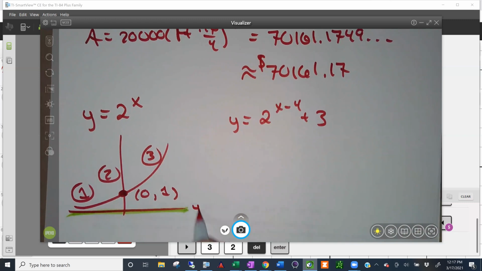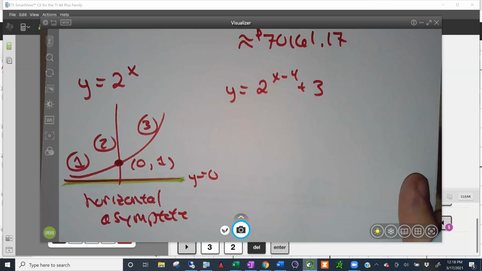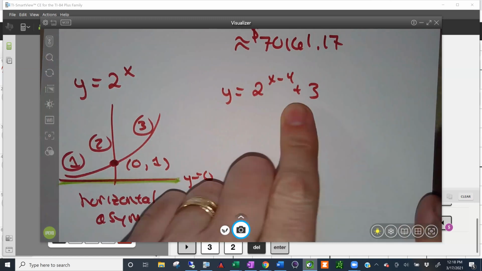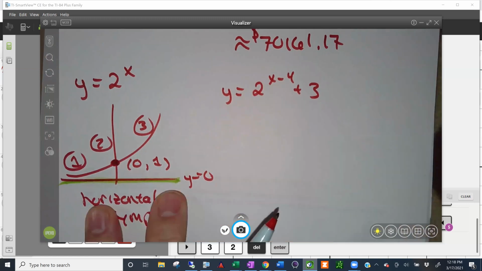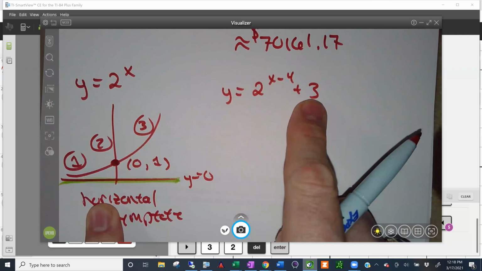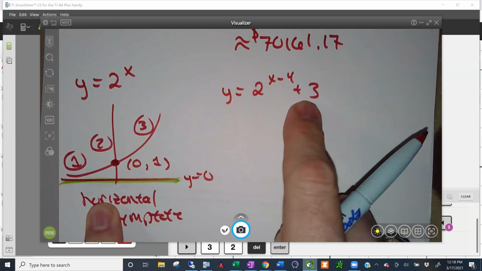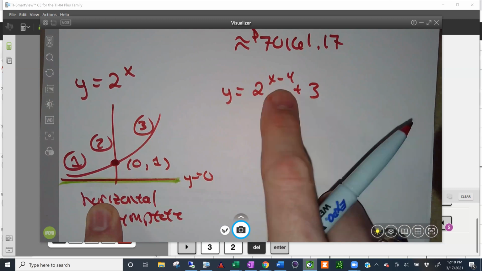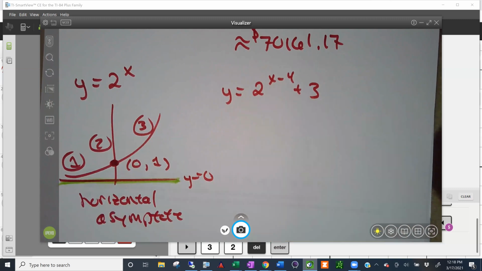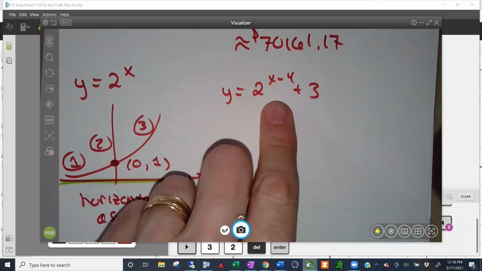Y equals 0 is the horizontal asymptote. This graph is also going to have a horizontal asymptote. I don't want to spill the beans here, but the horizontal asymptote is going to get shifted. Let's understand how this graph has been shifted compared to this one.